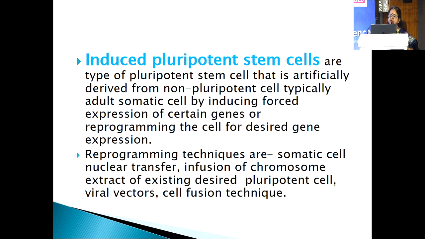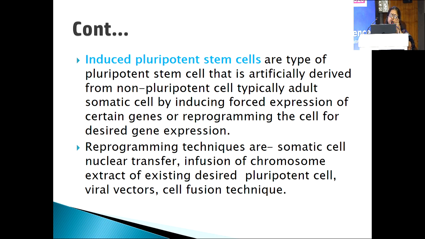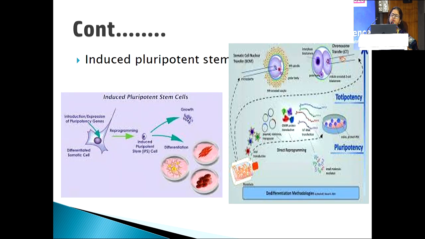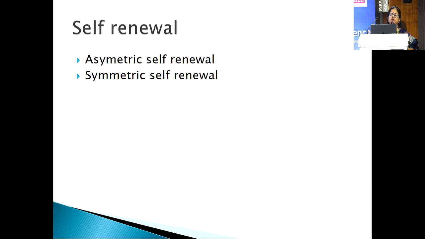Reprogramming techniques are somatic cell nuclear transfer, infusion of chromosome extract of the existing desired pluripotent cells, viral vectors, and cell fusion technique. By these techniques, induced pluripotent stem cells are produced.